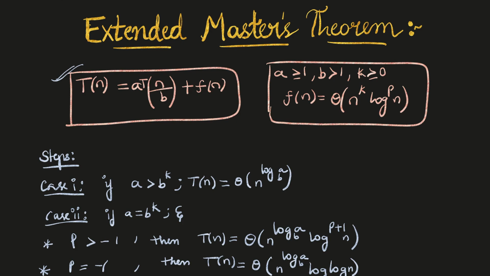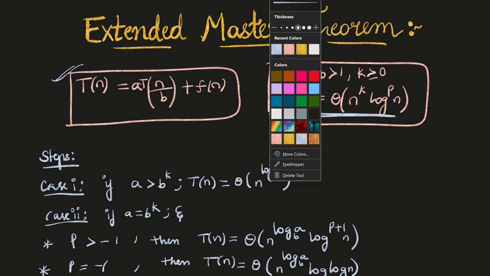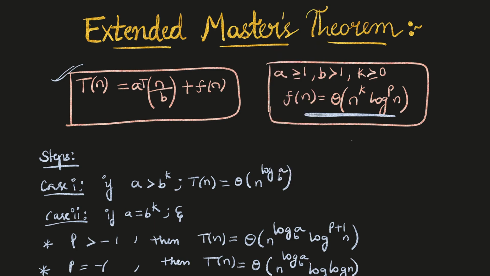See, k would come in the f of n equation, and the condition of p would be given in the cases. Let's discuss it below.